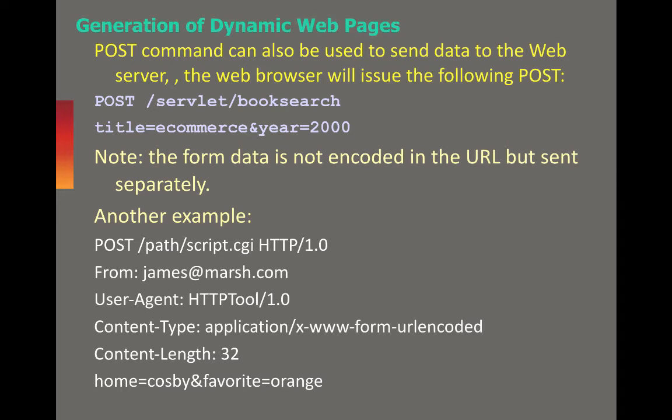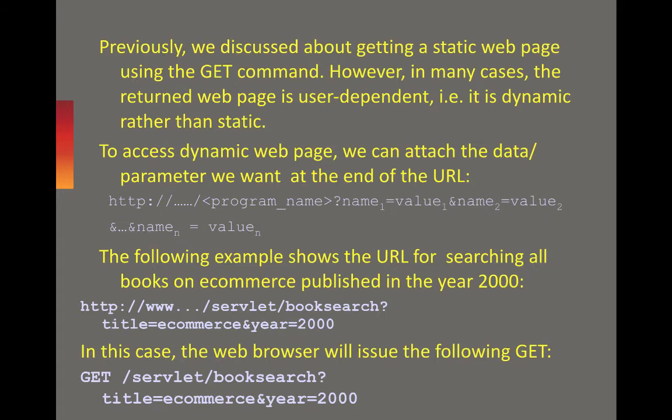The POST request is different from the GET request in that it sends the name equals value pairs separately instead of being part of the URL. So for instance, in the example that we saw previously, in the GET command, there's just one message, which is GET, and then followed by everything, including the name equals value pairs.